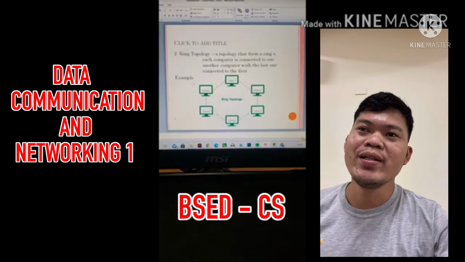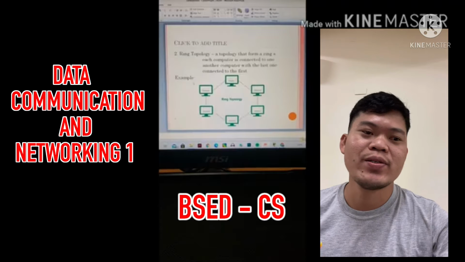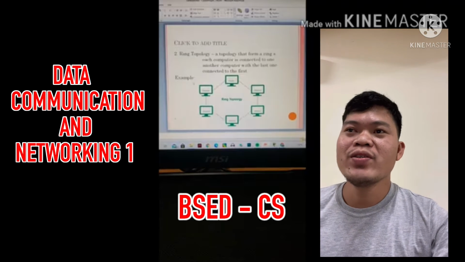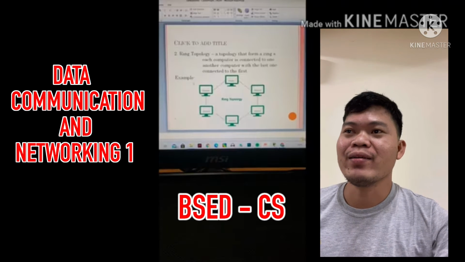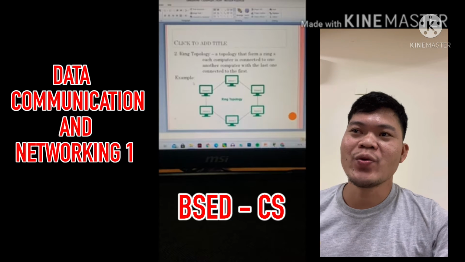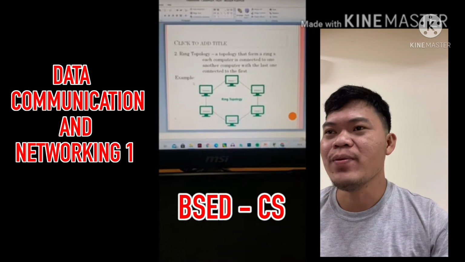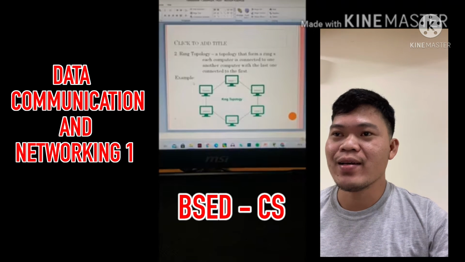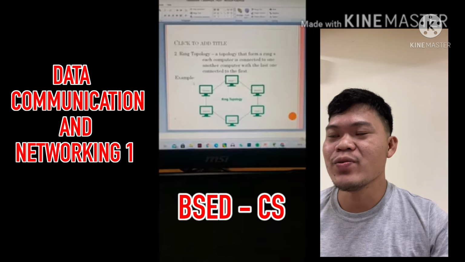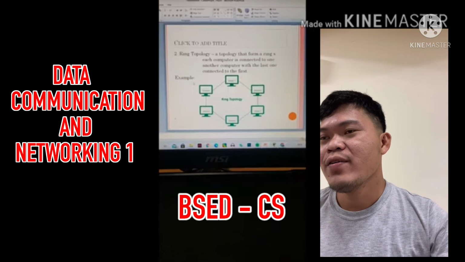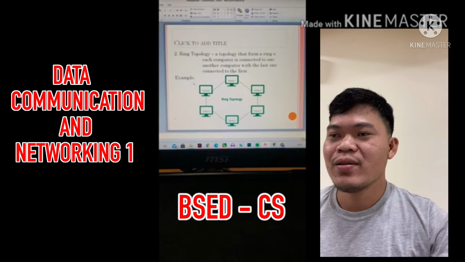Then the next one is ring topology. What is ring topology? The ring topology is a topology that forms a ring. Each computer is connected to one another, with the last one connected to the first. In our example, we have 6 end devices connected with each other.